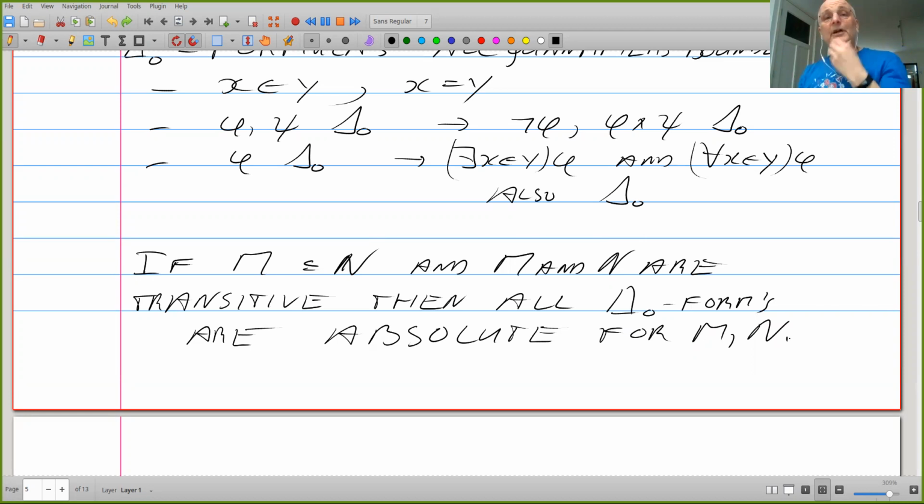So whenever you have something that can be written down in a delta zero formulation, you know automatically that it is absolute between transitive sets.